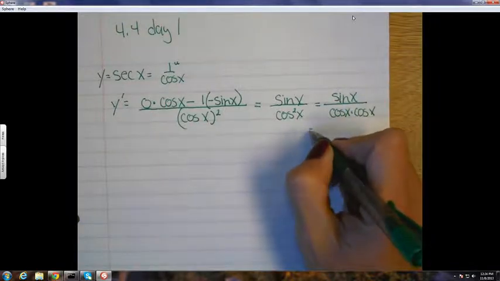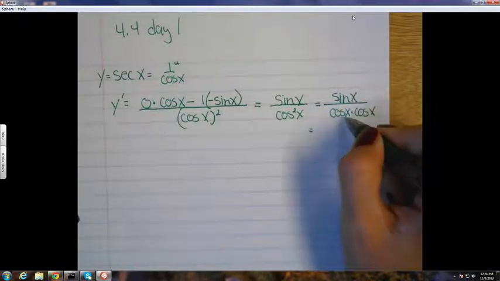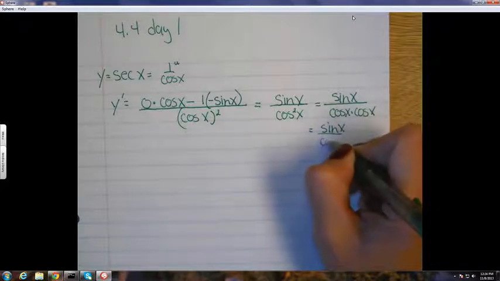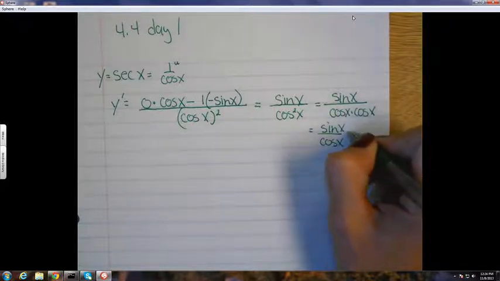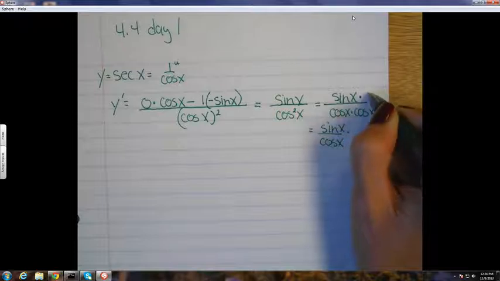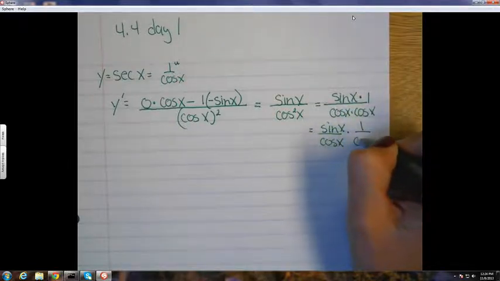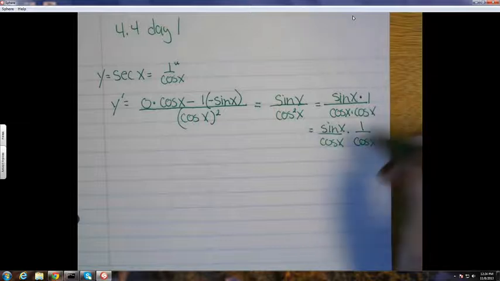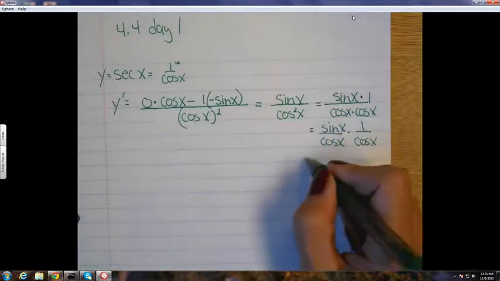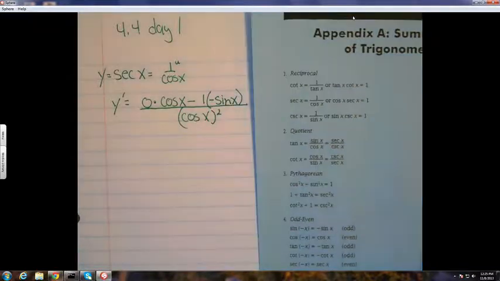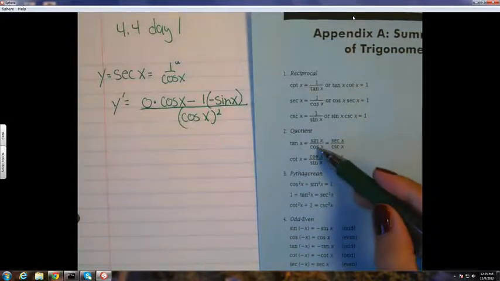So I can break it apart as sine over cosine, and then this other fraction I can multiply by 1 and not change that, is 1 over cosine. Well, each of these is their own trig function. Sine over cosine, if you remember, and if you don't, it's back here, sine over cosine equals tangent.